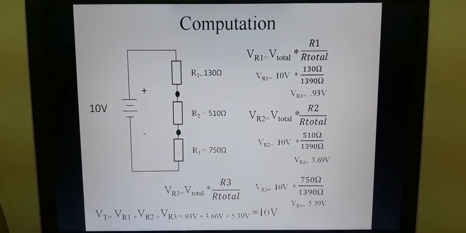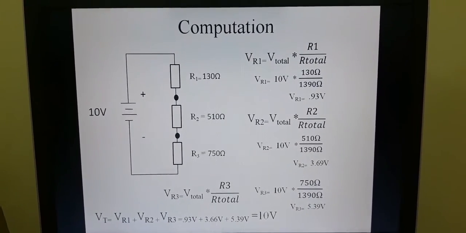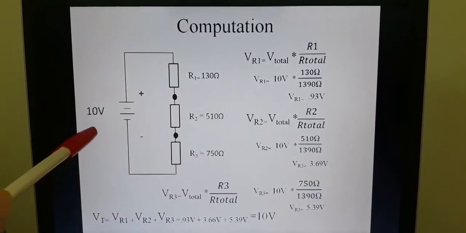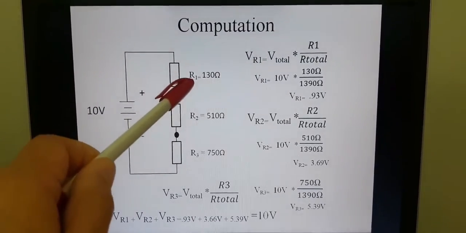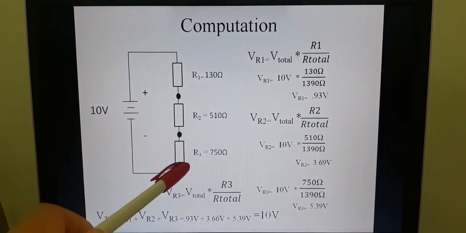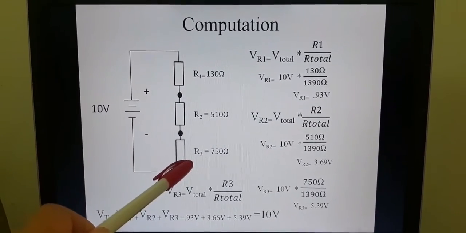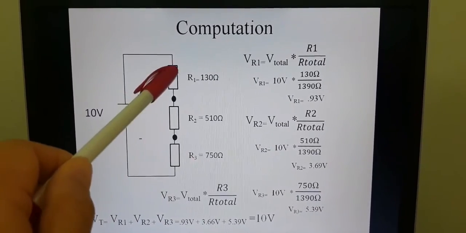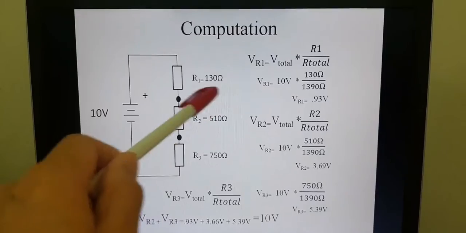Here are the computations. So here is the circuit. We have 10 volts. We have R1, R2, and R3 with specific resistances. Now let us proceed to finding the voltage drop across R1.